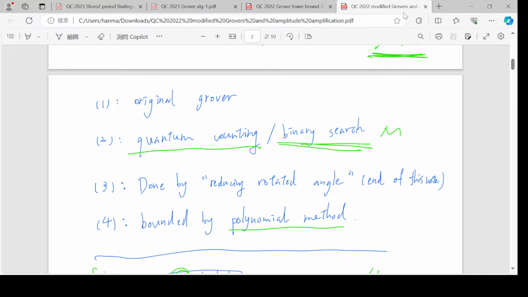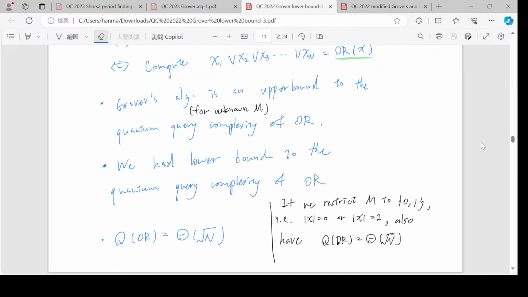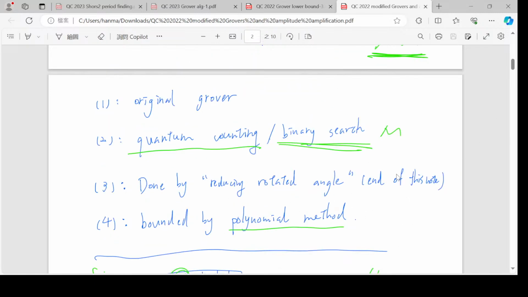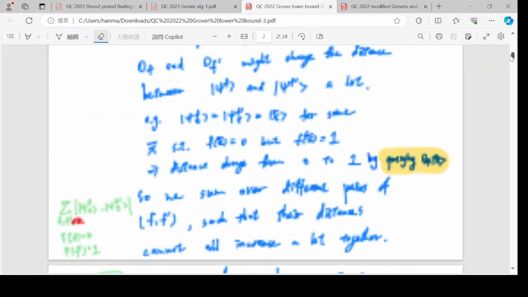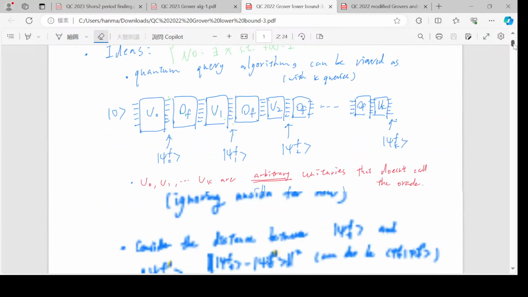Basically, you show that the success probability of your algorithm is some polynomial, and something very weird happens: the degree of the polynomial is related to the number of queries.